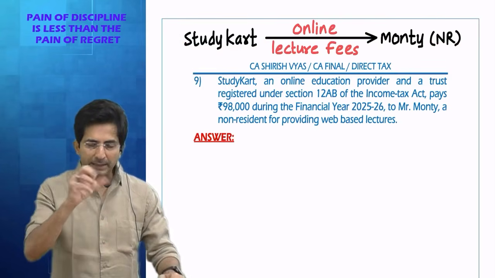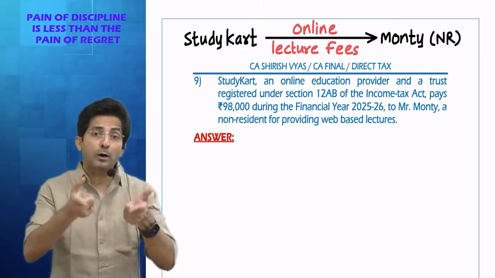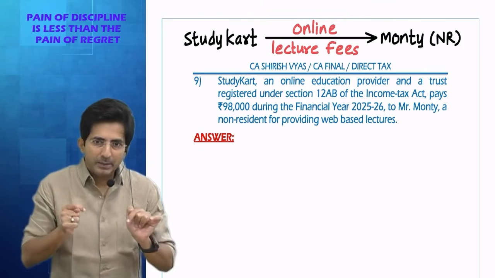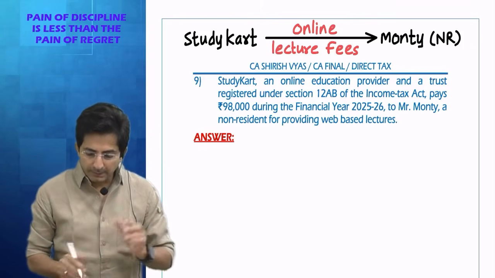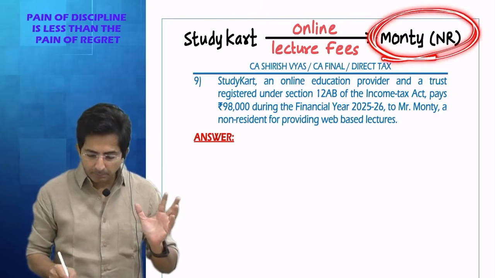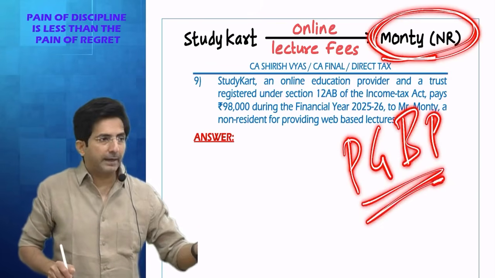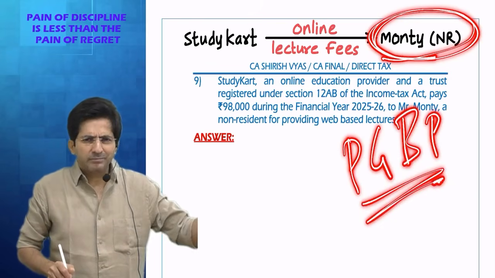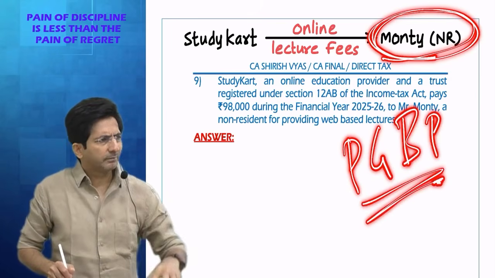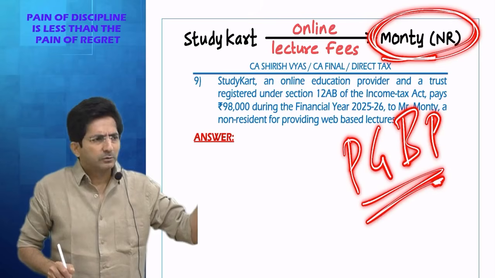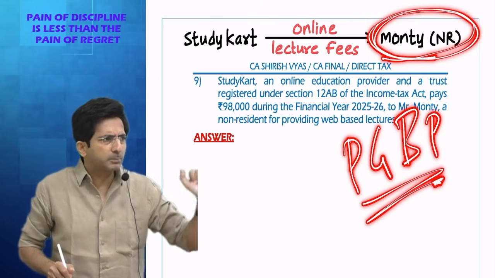For businessman type people, income is said to accrue in India only if they have a permanent establishment in India. Now, since Monty has PGBP type income, tell me why it is PGBP type income? He is a lecturer. He is not an employee of someone. He gives lectures as per his own terms. So, he is a professional or a businessman.